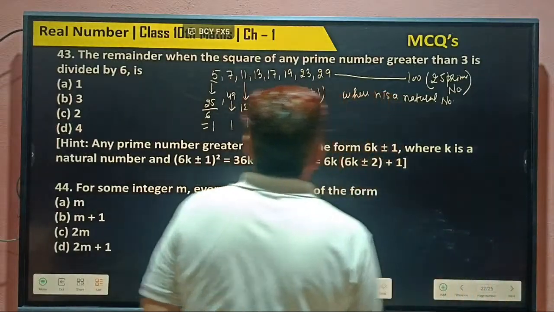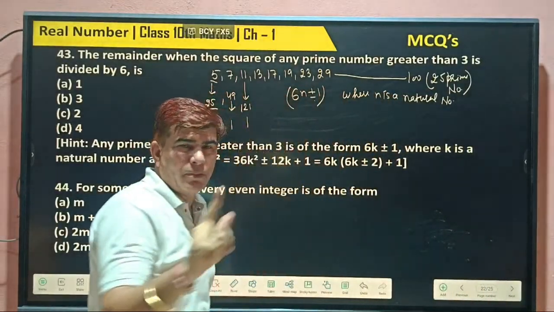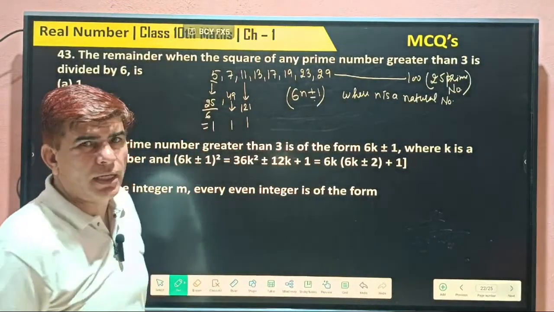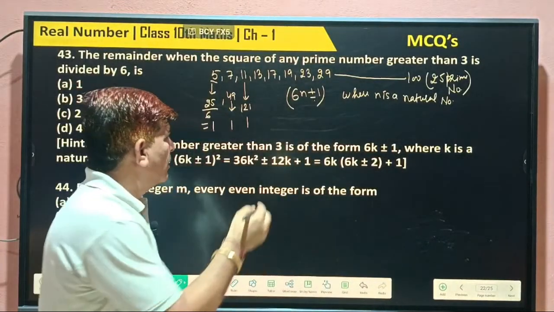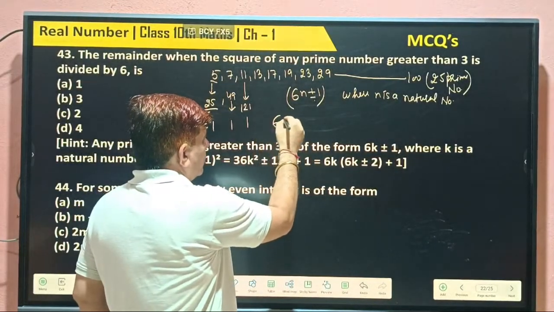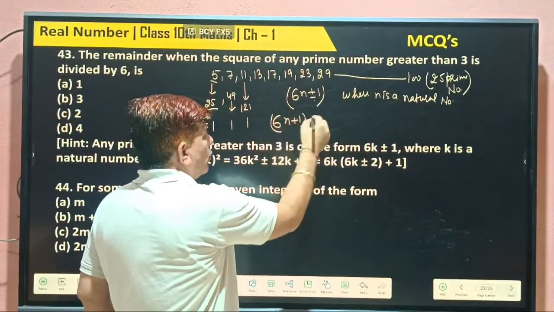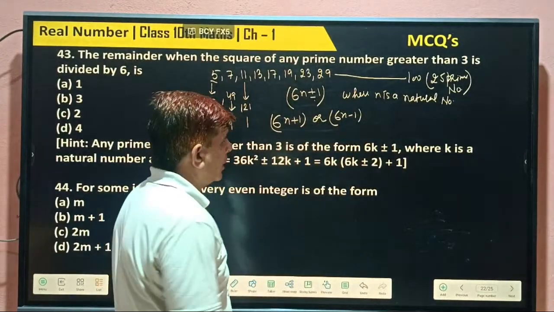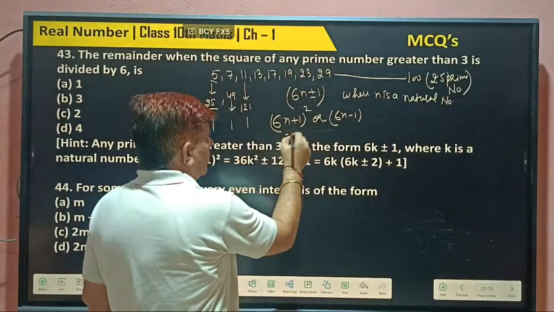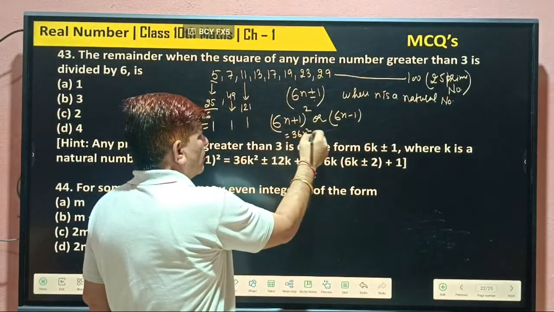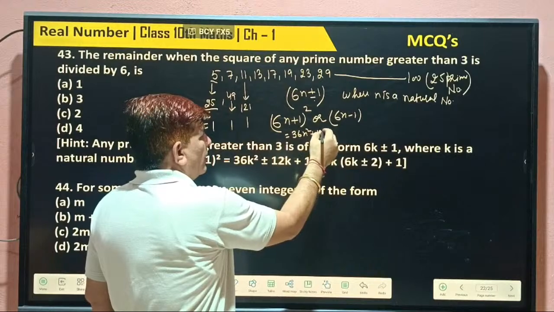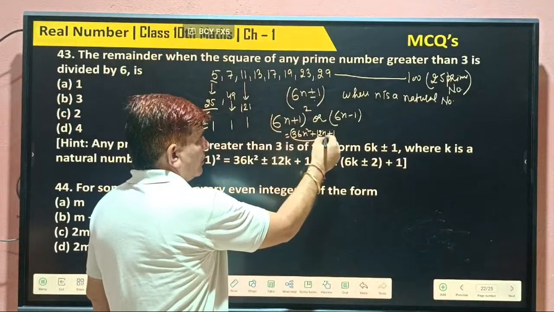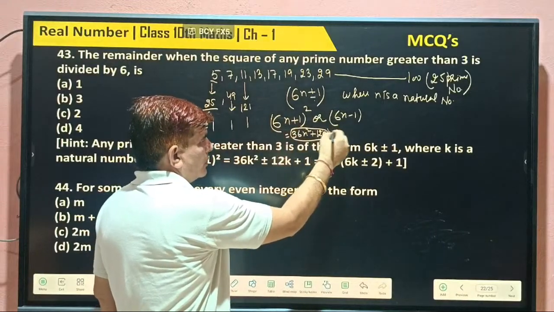If a prime number is greater than 3, we can write it in either this form or this form. Taking the square of it, we get 36n square plus minus 12n plus 1. So this part is divisible by 6. So the remainder is 1.